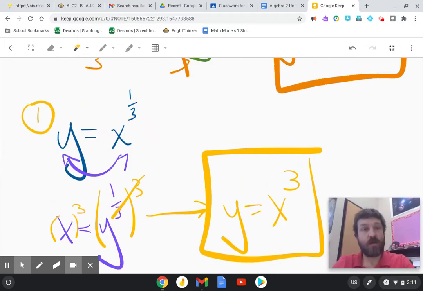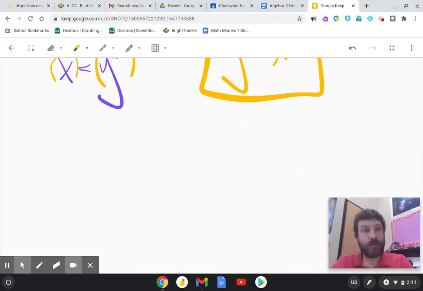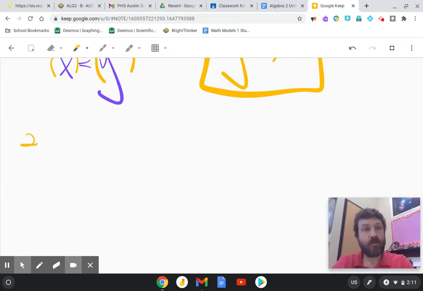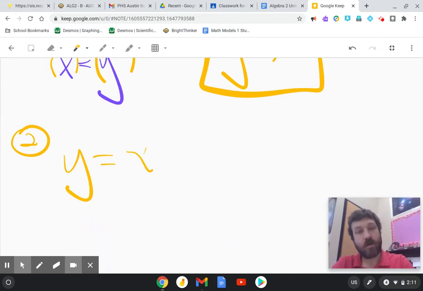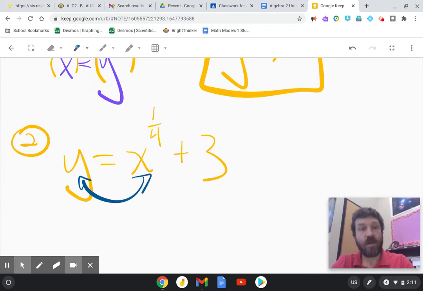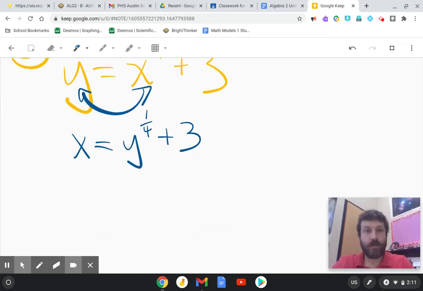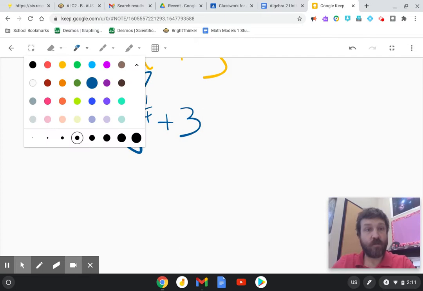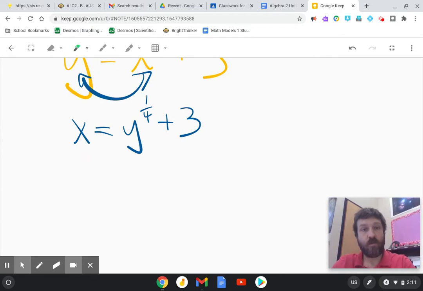So we'll call that number 1. Now for number 2, let's try one that's a little more complicated. y equals x to the 1/4 plus 3. So again, I'm switching the x and the y. I get x equals y to the 1/4 plus 3. Again, just using algebra to solve this equation for y.